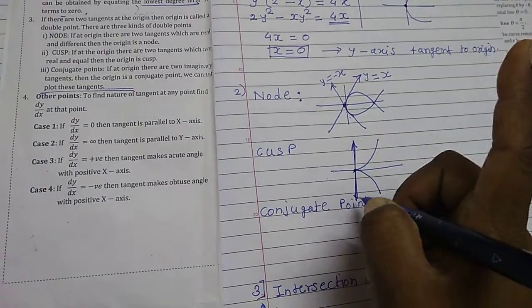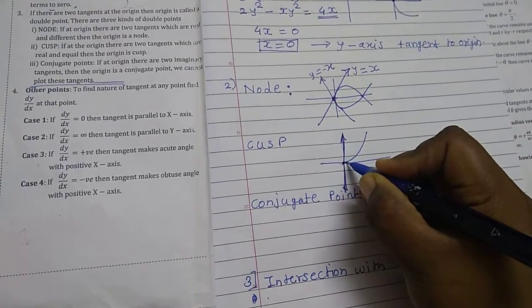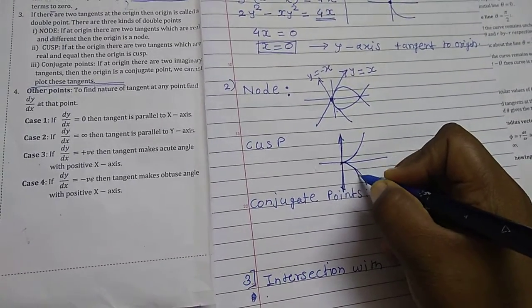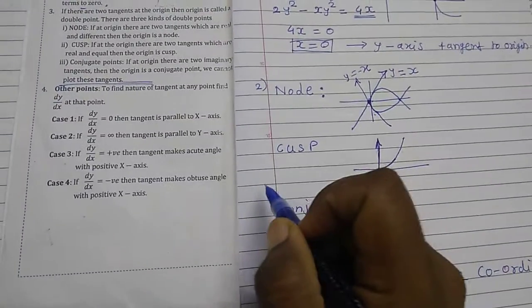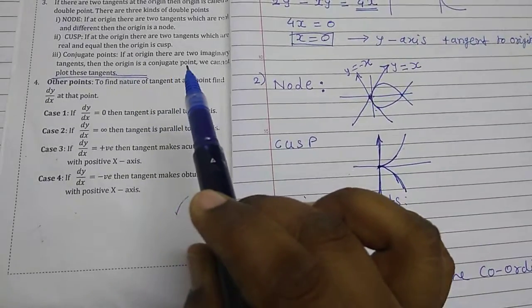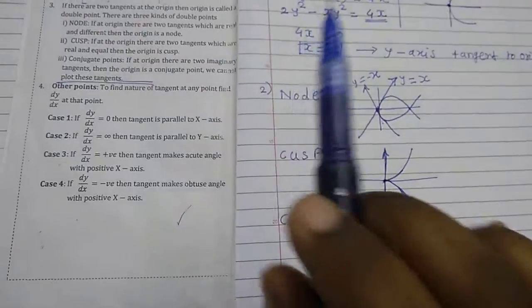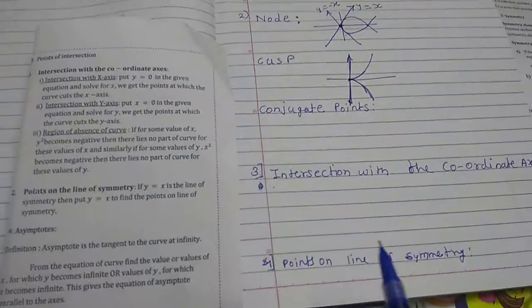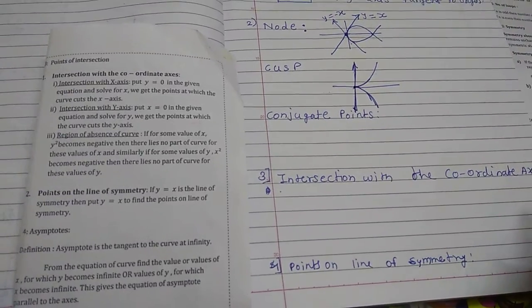Okay. Real and equal. So then we get cusp here. Next, conjugate points. If at origin there are two imaginary tangents, then the origin is conjugate point and we cannot plot this tangent.